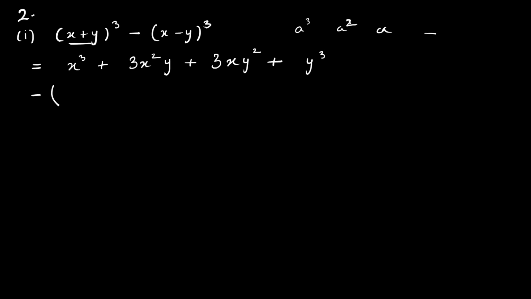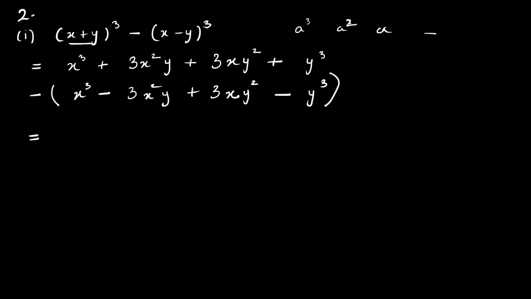Then in the bracket, the terms will be exactly the same. We'll follow the same rule: x cube, x square y, x y square, y cube, and number 3 will also be there. But this time when there is minus, alternate terms will be minus. So if this is plus, then this will be minus, here plus, here minus. Okay.